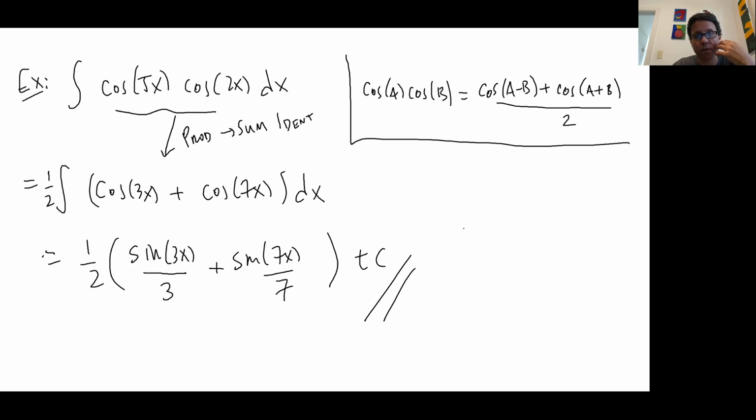It does matter on the first one, because if I subtract, I'll get the 3x here and the 7x here. It does matter because of that minus. If I went in the wrong order, I'd get negative the answer. So that's the only one that really matters: you have to do the subtraction first, and then the addition second, and then subtract. Just watch for the minuses.